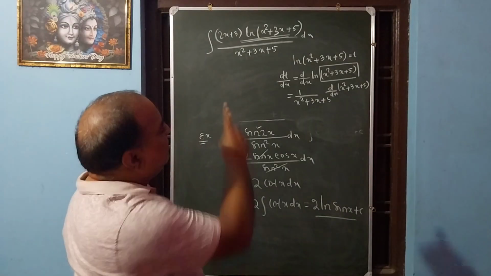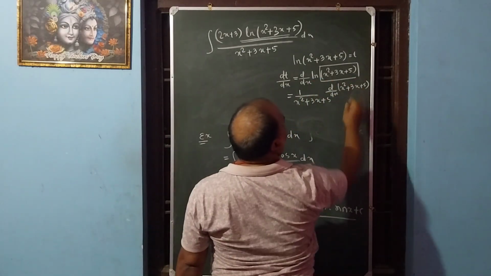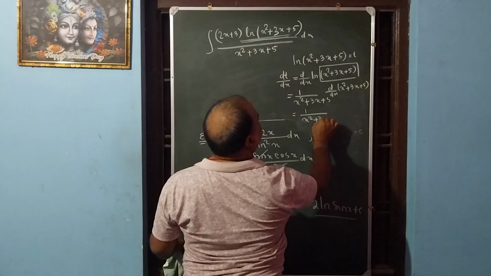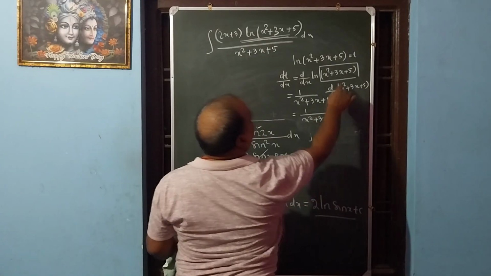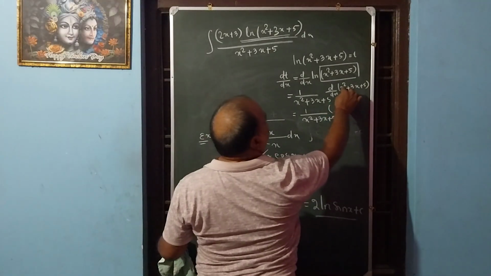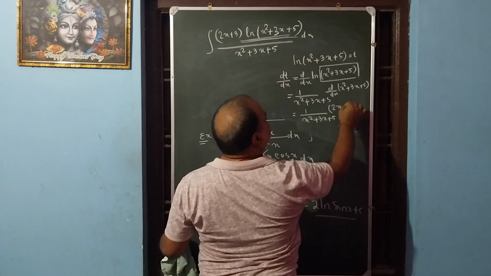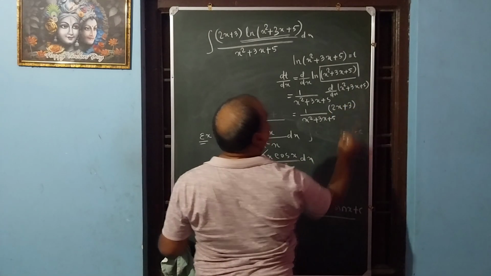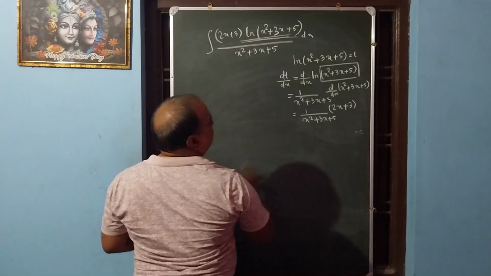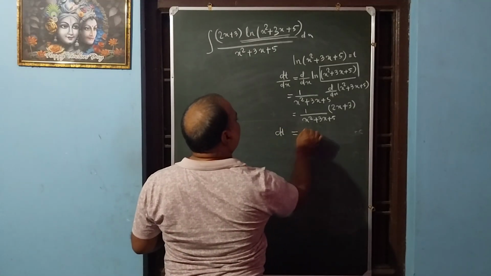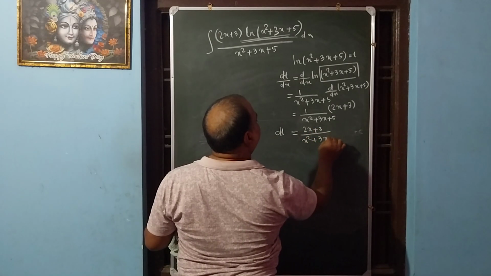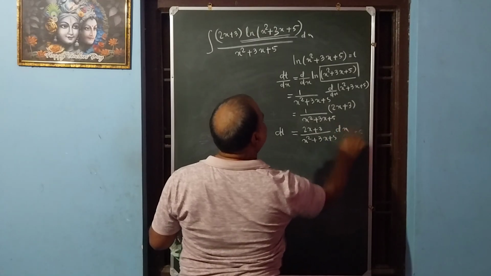The derivative of a sum is the sum of the derivatives, so we get the derivative of x square, 2x, plus the derivative of 3x, that is 3. So dt is equal to 2x plus 3 divided by x square plus 3x plus 5 whole, into dx.